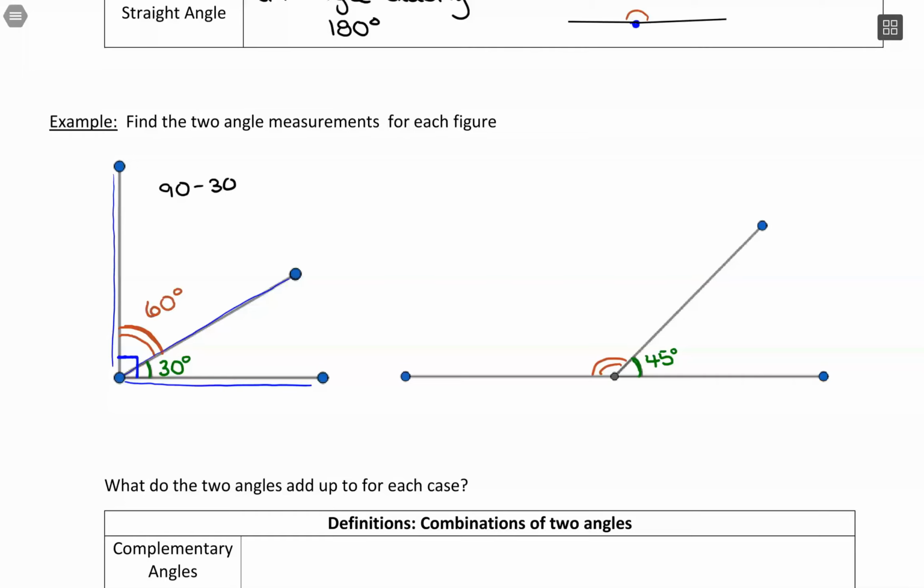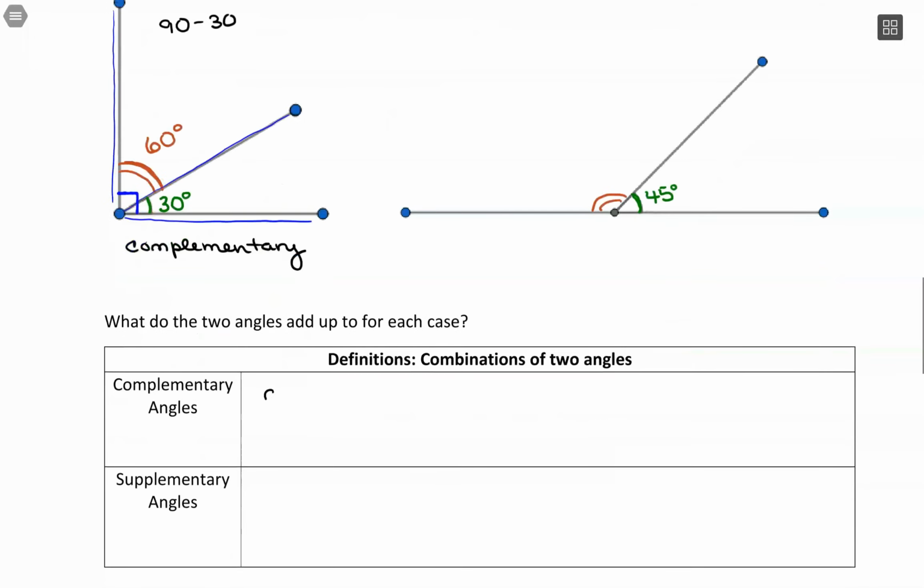Now this case here of having these 2 smaller angles that add up to 90 degrees is called complementary. These are complementary angles because they add up to 90 degrees. So it's this special case of having multiple angles.